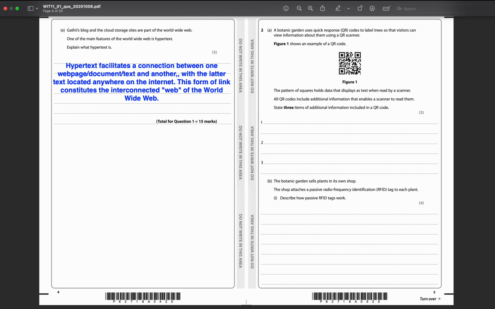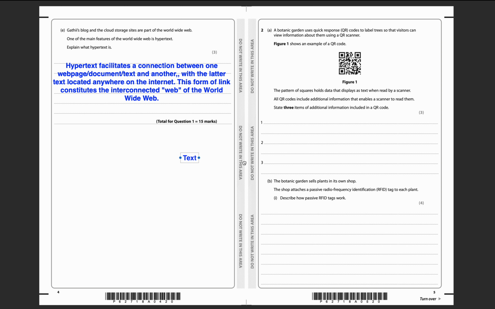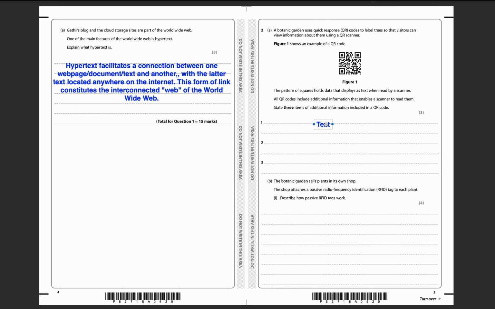So what will be the answer? The first answer will be error correction data.